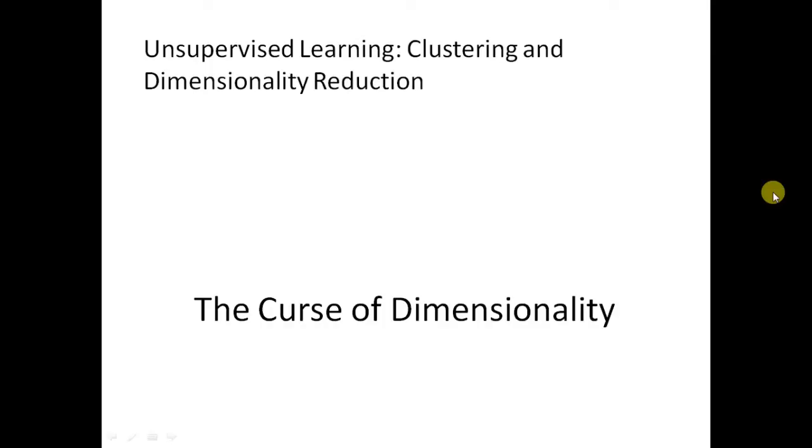Now, the curse of dimensionality. Geometry in high dimensional space is weird. This is important because a machine learning algorithm with d features operates on feature vectors that live in d-dimensional space.